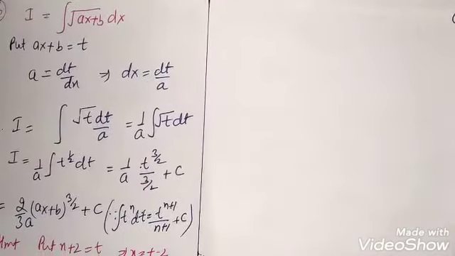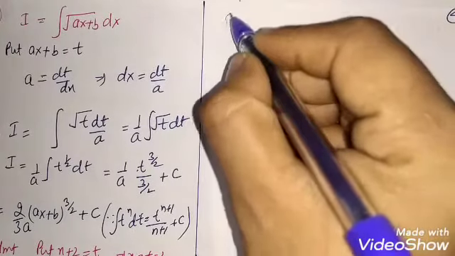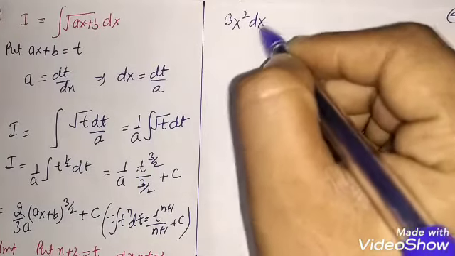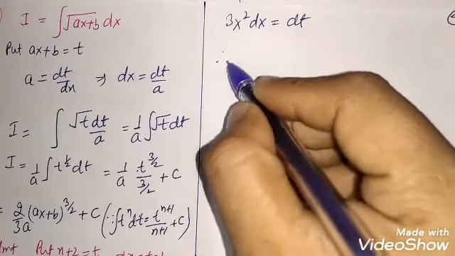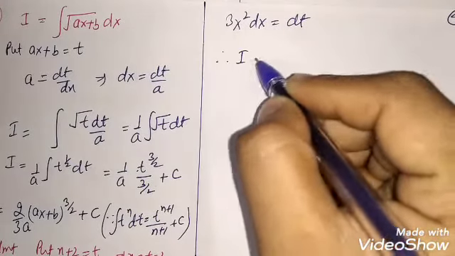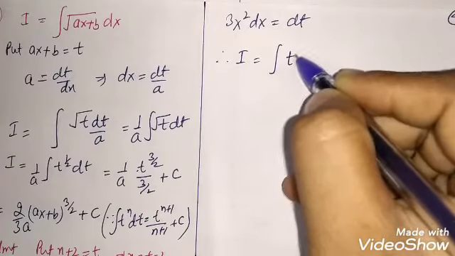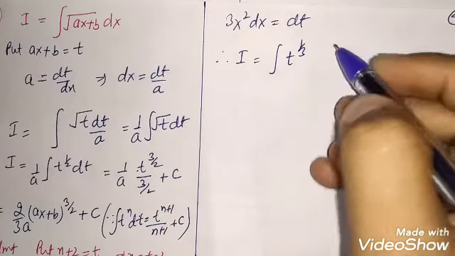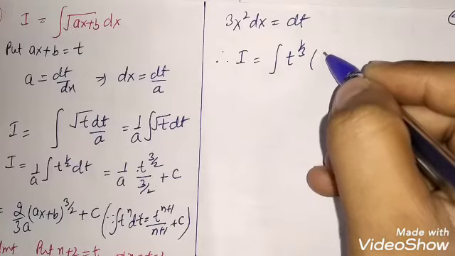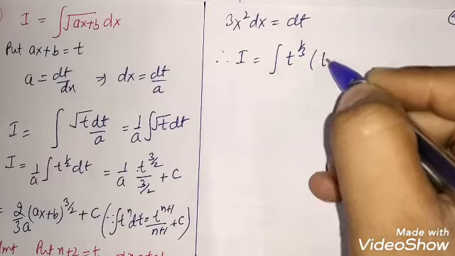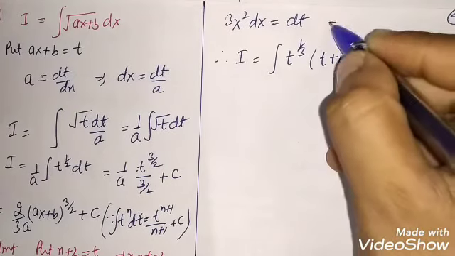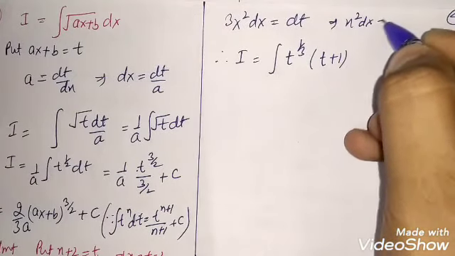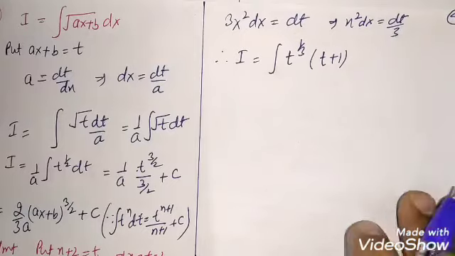So 3x square dx is equal to dt, if I am not wrong. You can pause the video and see the previous thing, that is t plus 1, and x square dx derivative. This implies x square dx is dt by 3 for sure.